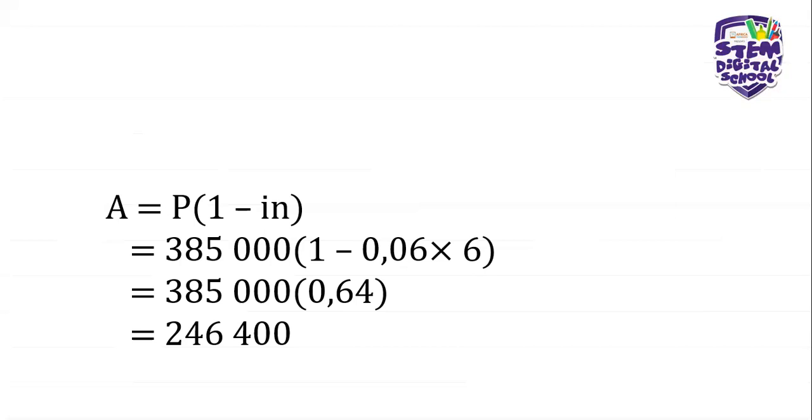And this will mean that your accumulated amount, or your new value there, will be 246,400. So this shows that after a number of years, the value will decrease, and it will come down to 246,400.